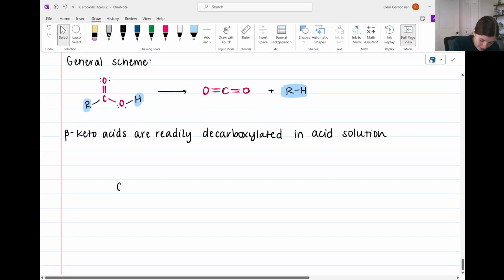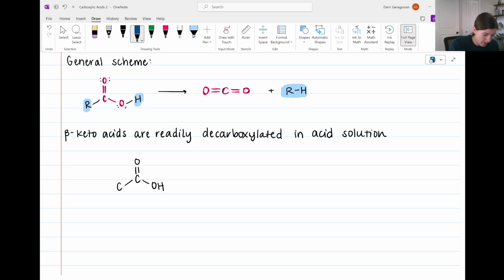Well, if we have a carboxylic acid, remember the adjacent carbon is the alpha carbon. So the carbon bonded to the alpha carbon is the beta carbon.